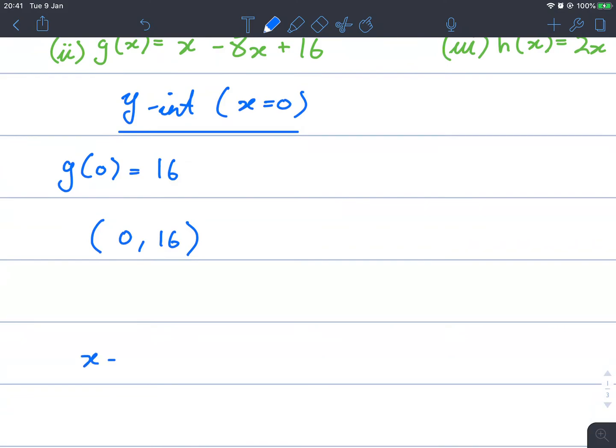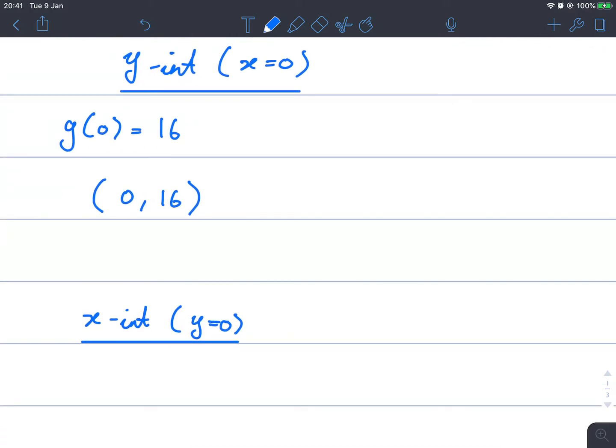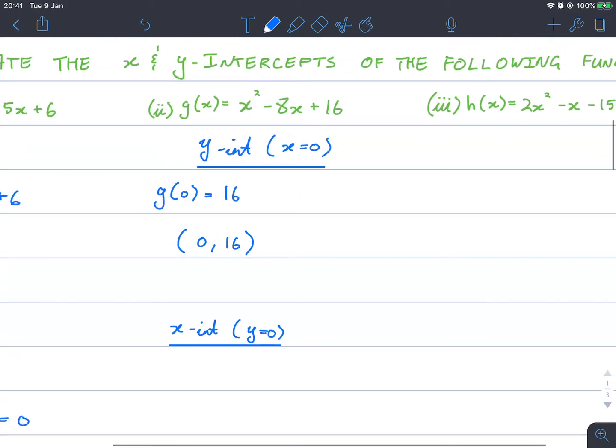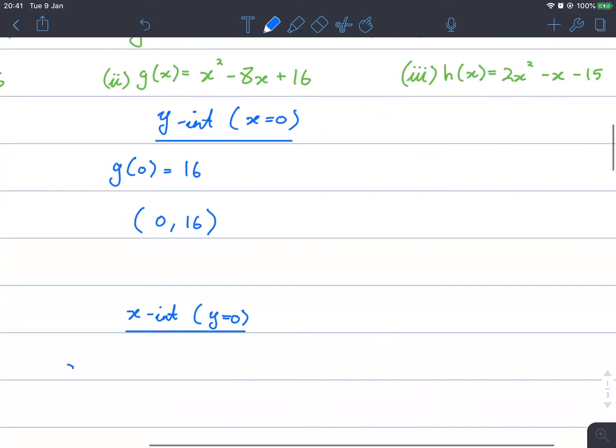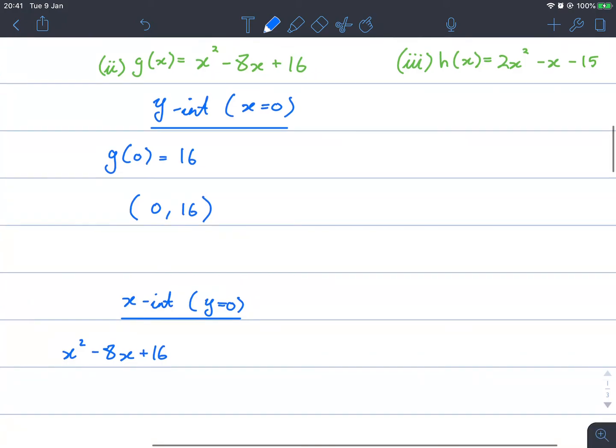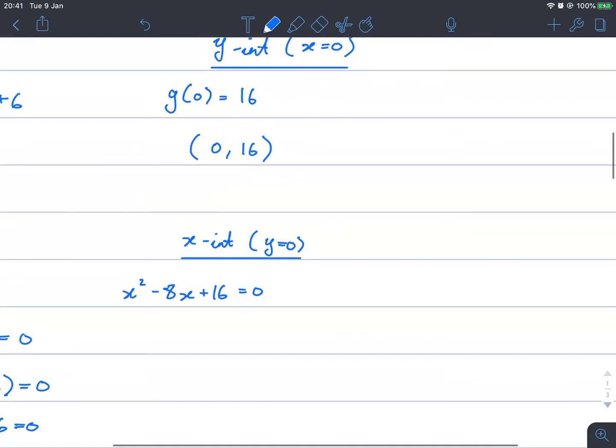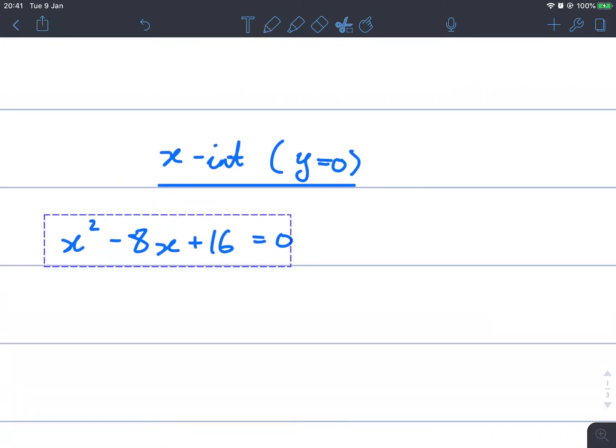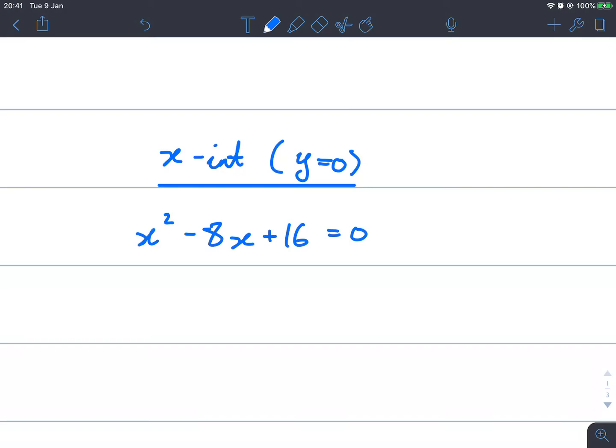Let's now find the x-intercept. That is at y equal to 0. For this, I'm just going to take my quadratic expression, x squared minus 8x plus 16, just copying it from here, and we'll let all of this equal 0. Once again, you can solve this in whichever way you like. I'm going to solve this using factoring. We need two numbers that multiply to 16 but add to negative 8.